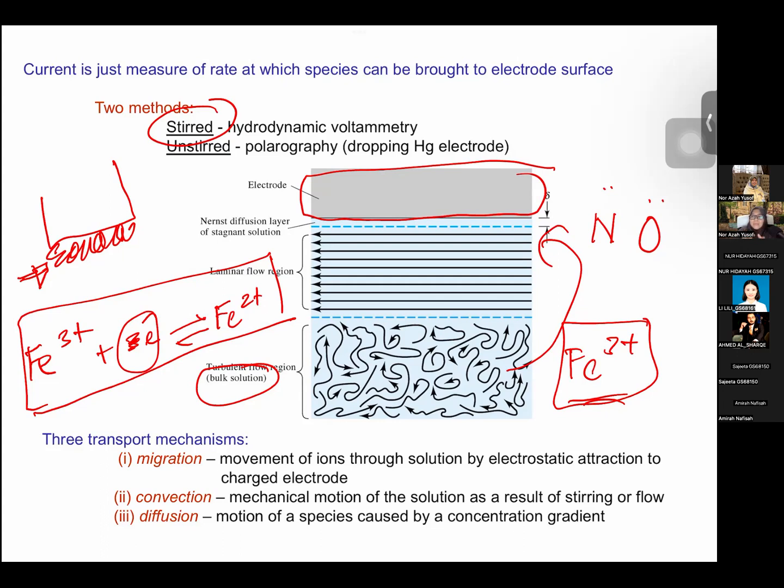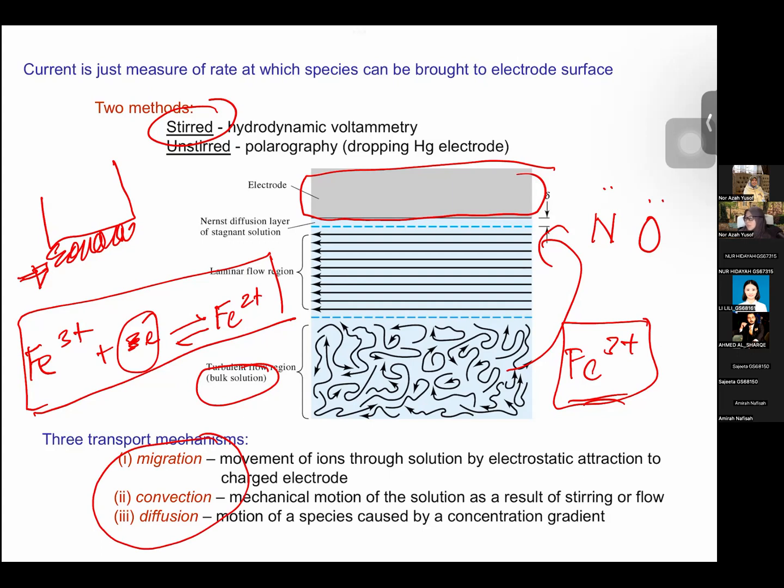So that's how basically they work. And this is what people have studied, how the ions move. So there is a bit of migration due to electrostatic attraction, mechanical motion is stirring, that's why you need to stir, and diffusion. Diffusion also is due to difference in concentration.